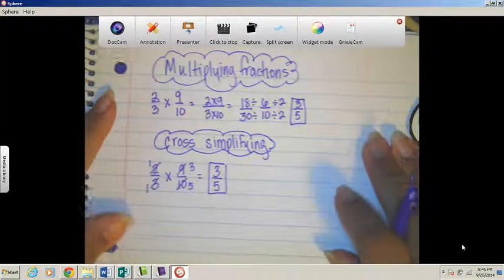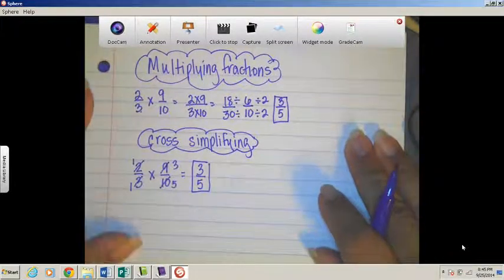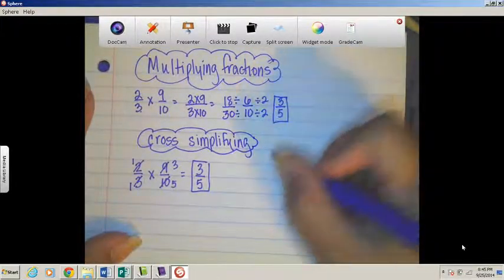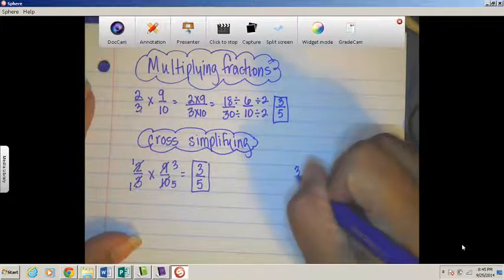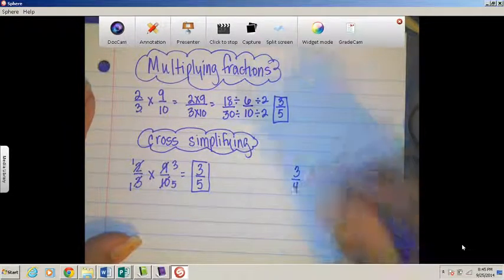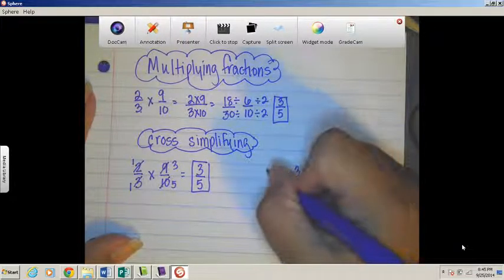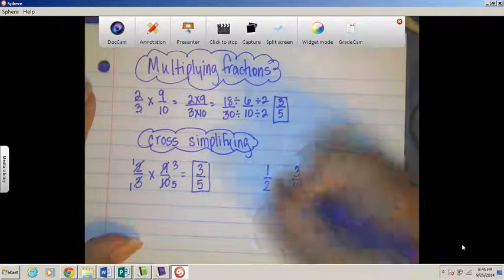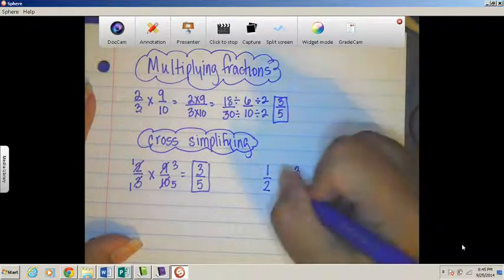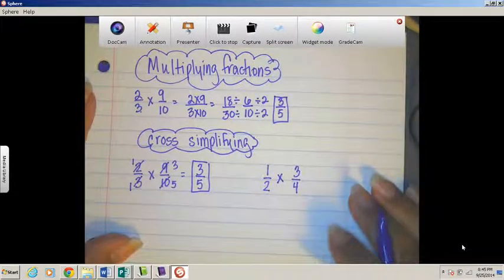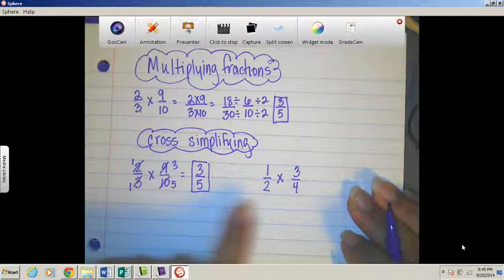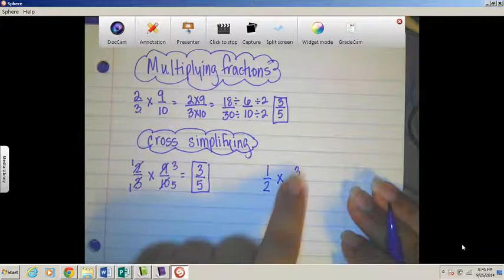Let's try another problem. Let's say that I had 3/4 of a pizza left, and I decided to give half of that 3/4 of a pizza to a friend. Half of 3/4 would mean that I would need to multiply 1/2 times 3/4.